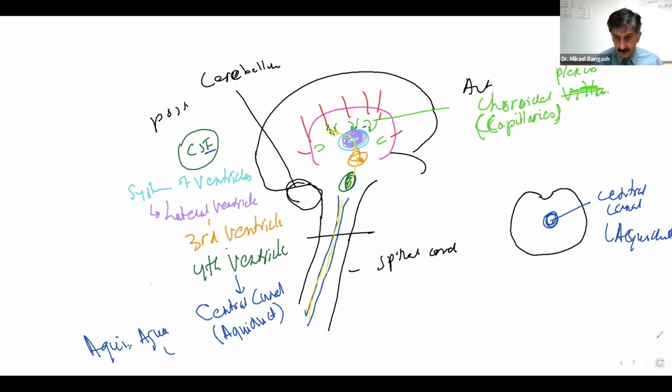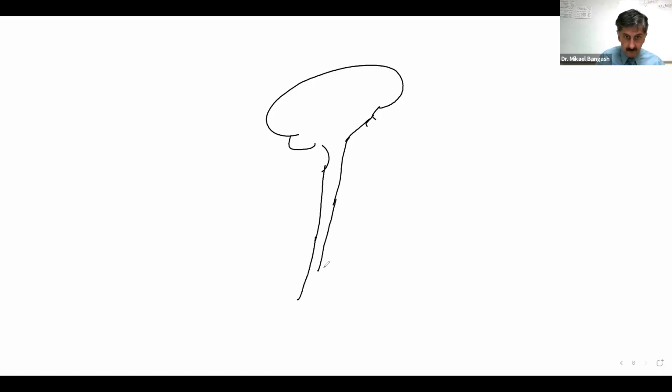Now, guys, let's take it to the next level. So we said there was the brain, and the system of the ventricles leads into the central canal or the aqueduct.